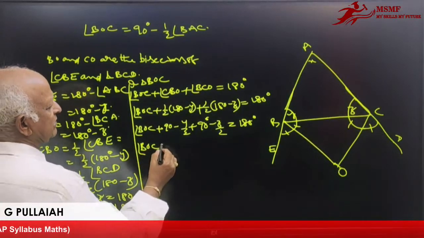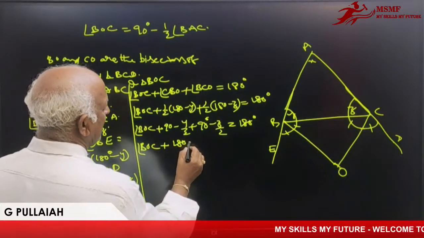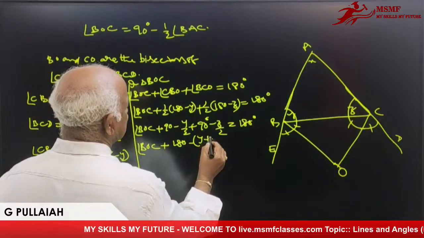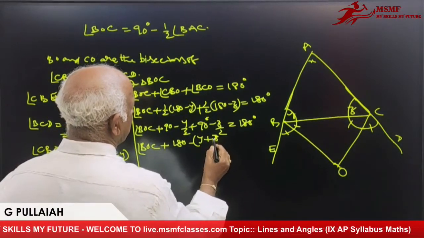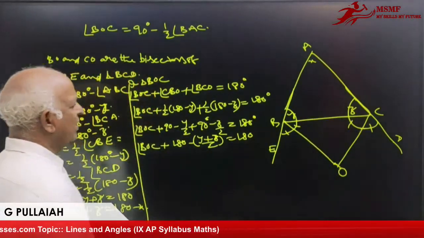So now here we can say angle BOC plus 90 plus 90, 180 degrees, minus of y plus z by 2, all are equal to 180.